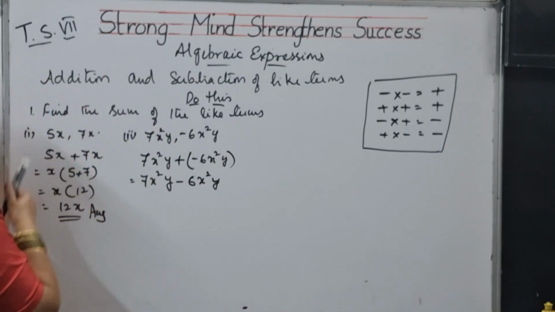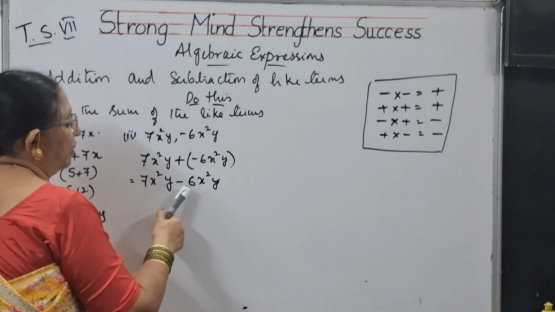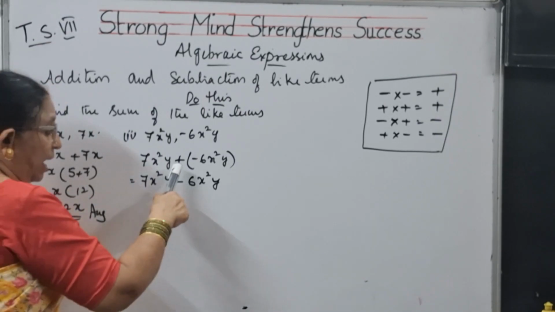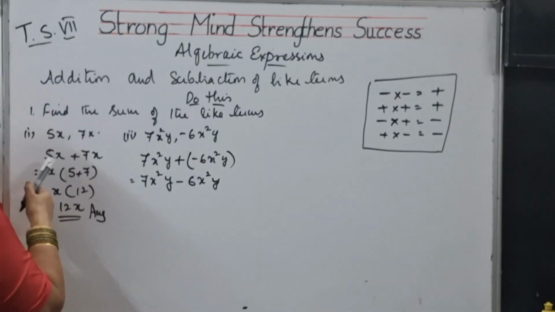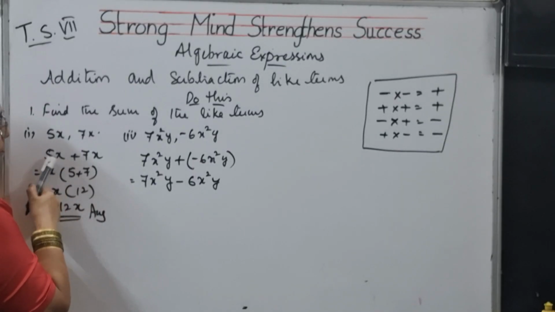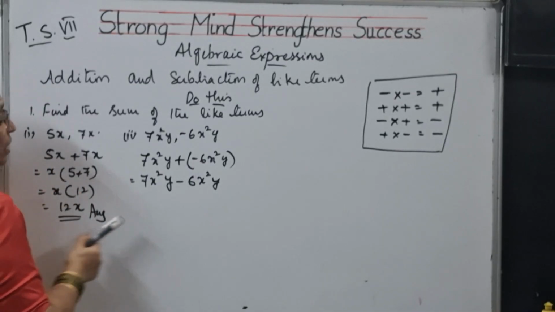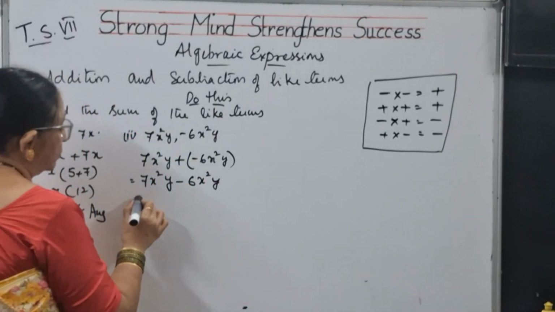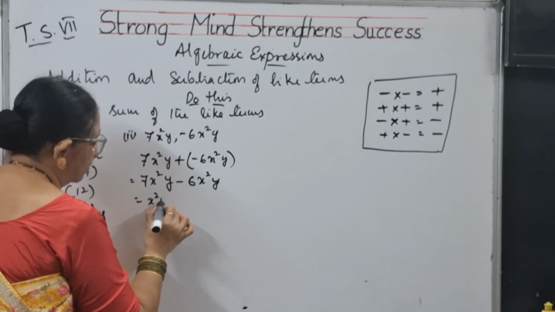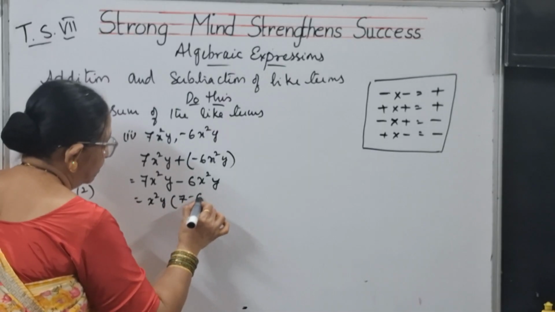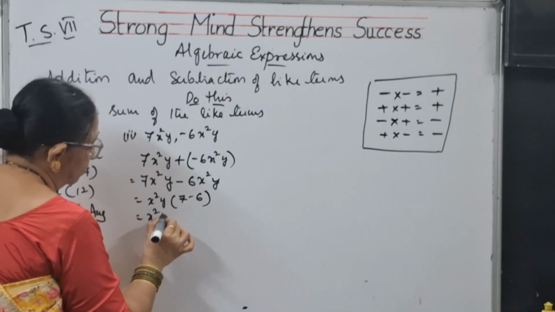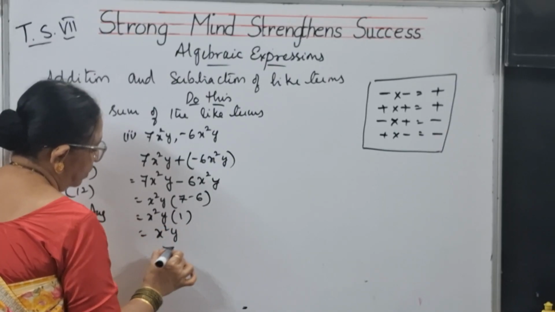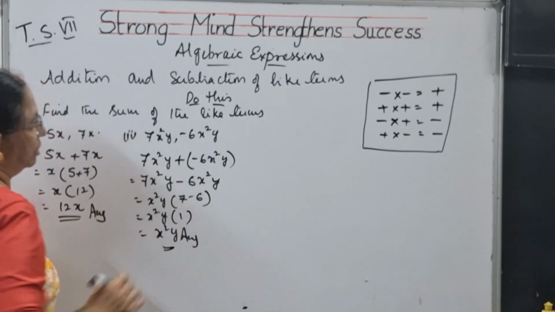Actually this is find the sum, addition, but in fact we have subtraction. So don't be confused with this. You are adding only. In this case x square y is common, and I should write 7 minus 6. That is x square y into 1. That is, x square y is the answer for this bit, children.